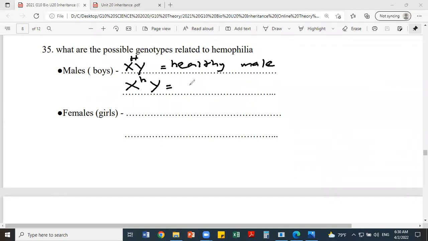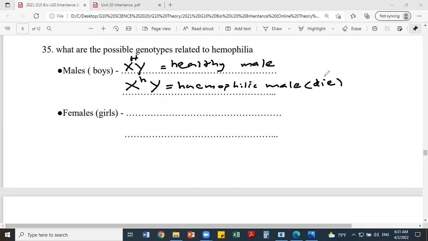But X simple h Y is a diseased, hemophilic male. Hemophilic males die at birth.